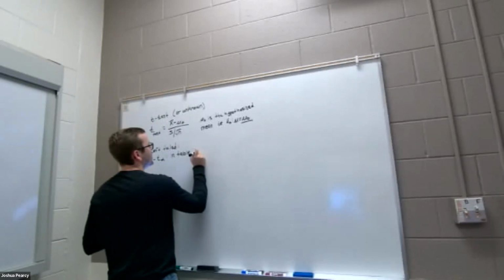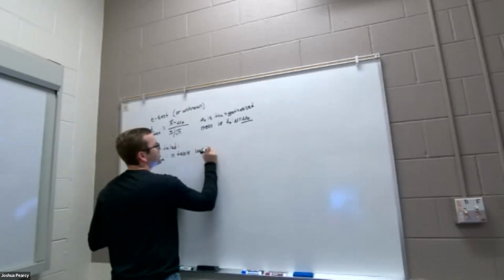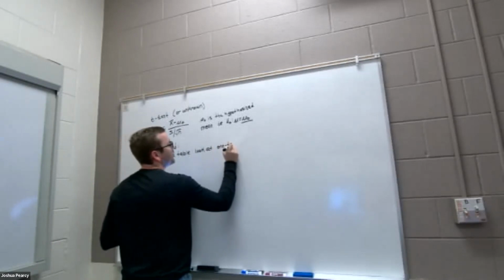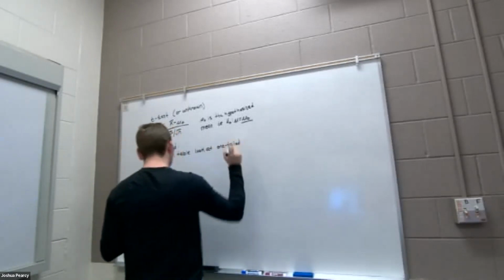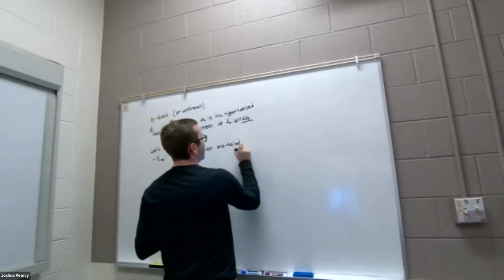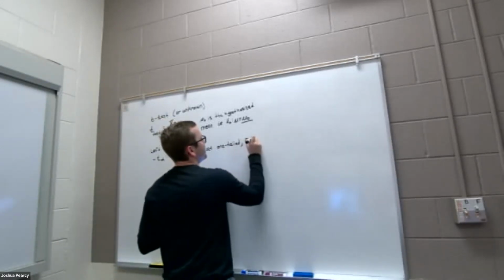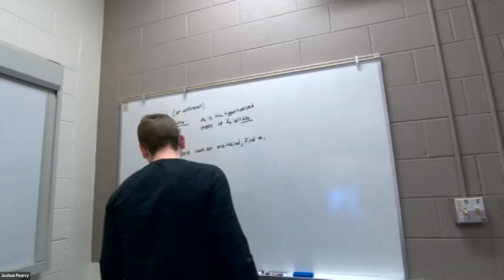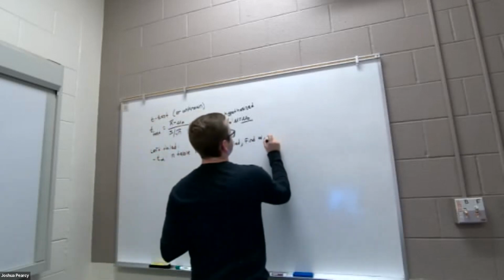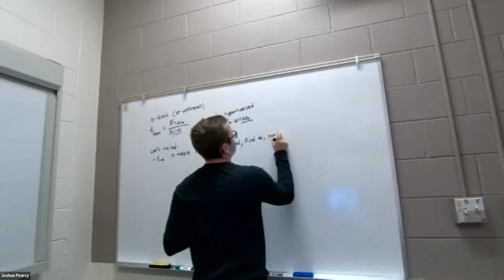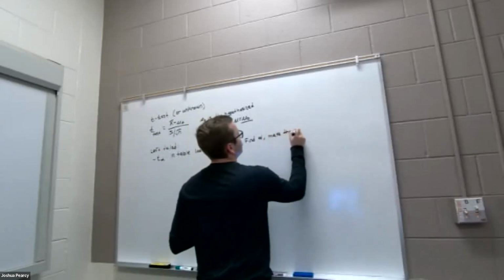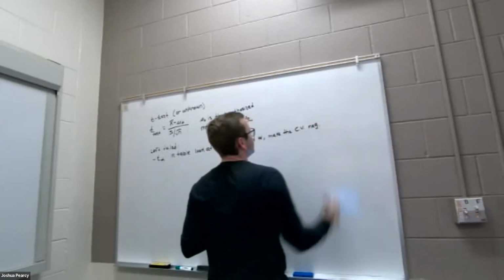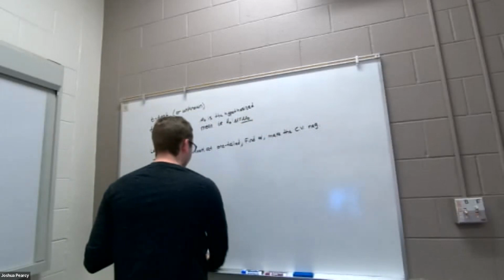You look at a one-tailed, and find alpha. And then make the critical value negative.